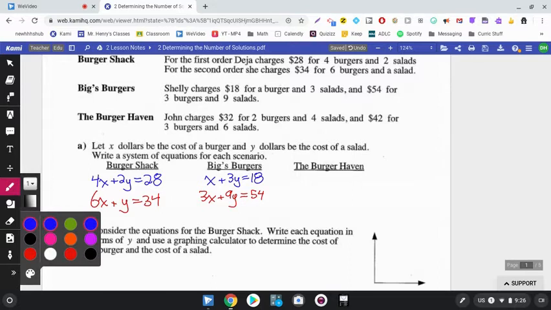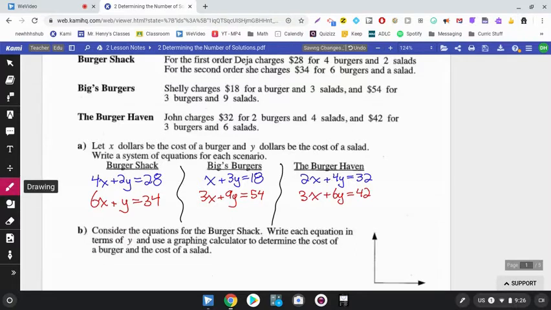John charges $32 for 2 burgers and 4 salads, so 2x plus 4y equals 32. The second order was 3 burgers, so 3x, 6 salads, that's 6y, and that was $42. So I have my 3 scenarios, and we're going to look at all 3 and solve.